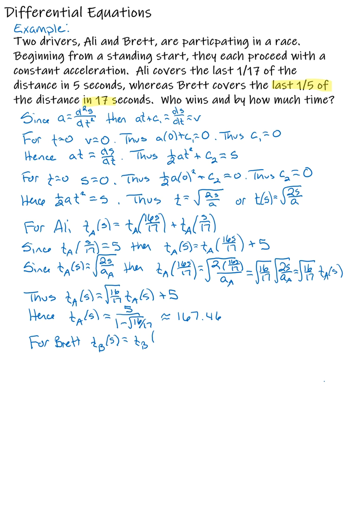So we're going to actually split this to figure out what's going on with the first 4/5. And writing this, so this is t sub b of 4s over 5 plus t sub b of s over 5.